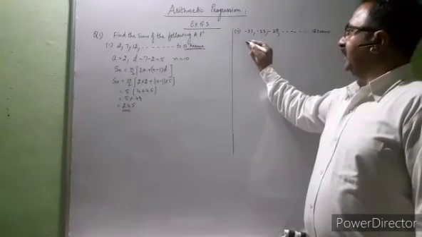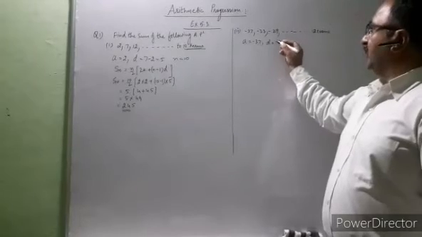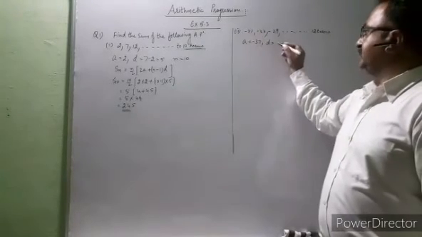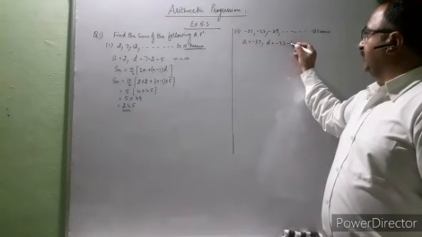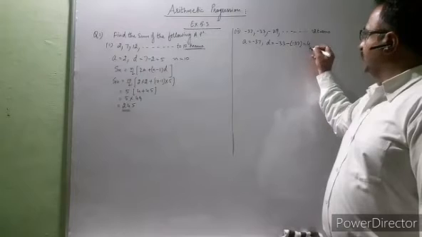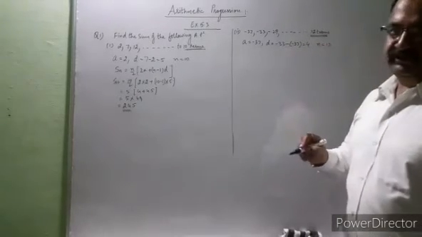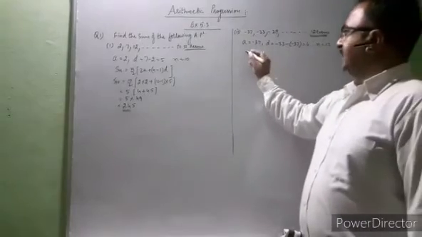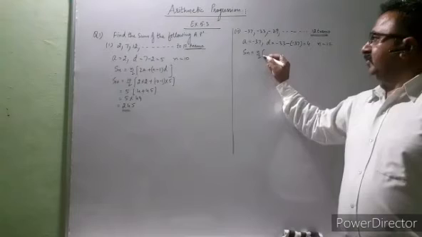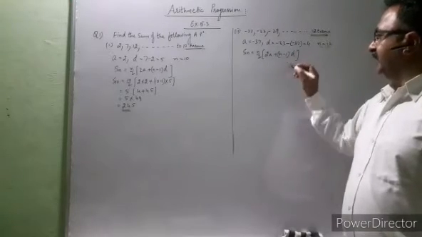Second part, here a equal to minus 37, d equal to second term minus first term. Remember, second term minus first term: minus 33 minus minus 37, you will get plus 4, and n equal to 12. Again it is given 12 terms. Now Sn equals n by 2 times (2a plus (n minus 1)d).